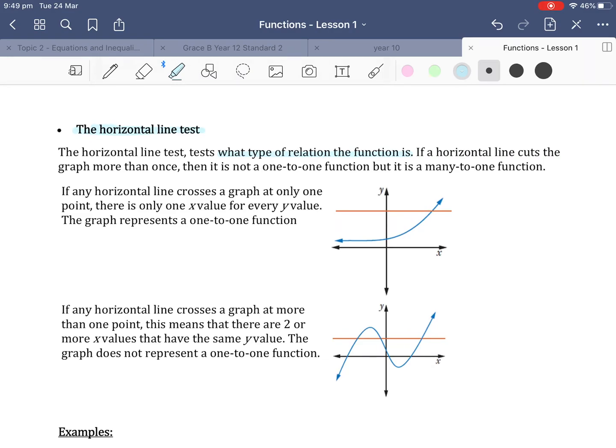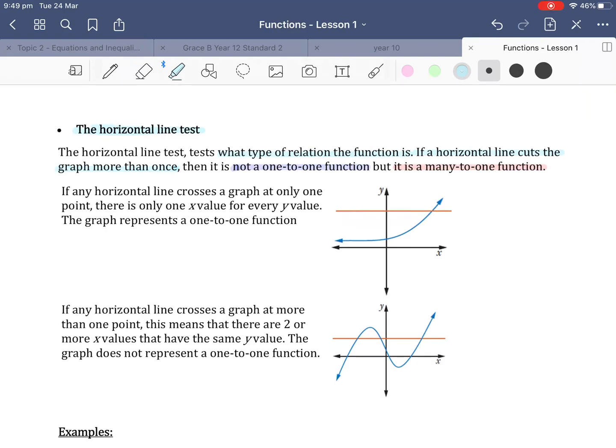If the horizontal line cuts the graph more than once, then it is not a one-to-one function, but it is a many-to-one function. But if it cuts it only once, then it's a one-to-one function.